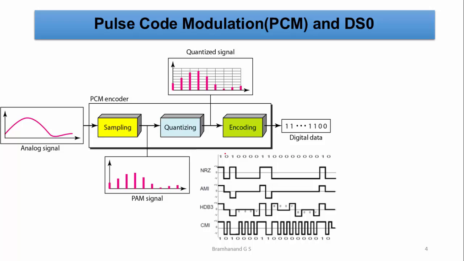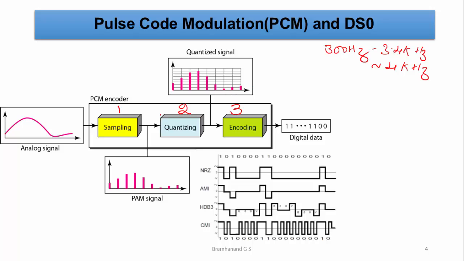PCM means we get some pulses, we code them and we modulate them. There are three stages in pulse code modulation: sampling, quantization and encoding. We know that voice frequency varies from 300 Hz to 3.4 kilohertz, so it's approximately 4 kilohertz.